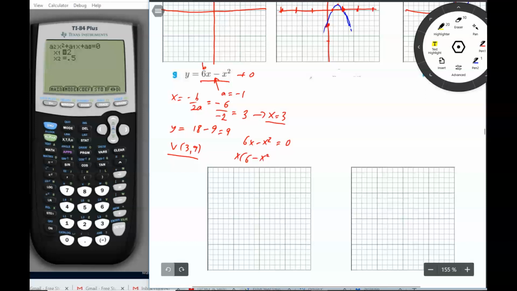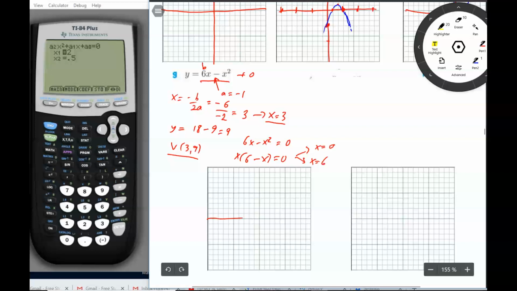So it factors into x times the quantity 6 minus x equals 0. So one of the solutions is x equals 0, because x equals 0 makes that expression 0. And the other x value which causes that to be 0 is x equals 6, right?